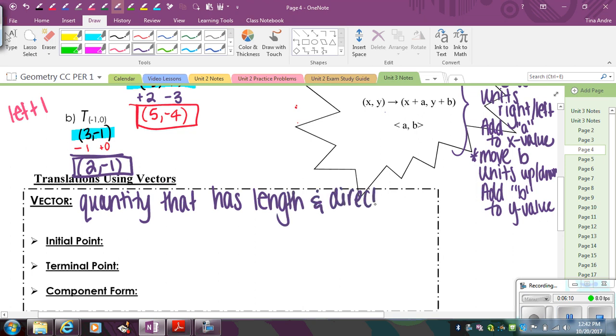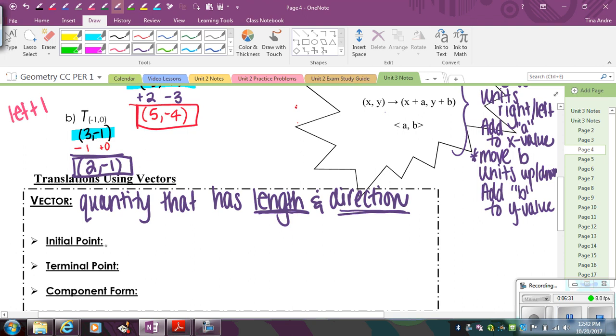So if you remember what I said about a translation, you're always going to be going a fixed distance, so a specified length, and in a given direction. So when I say left 1, up or down 0, I'm telling you which direction to go, and I'm telling you how many to go in that direction. So that's what a vector is doing.